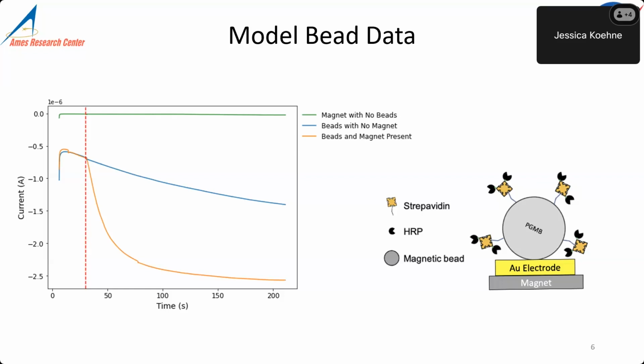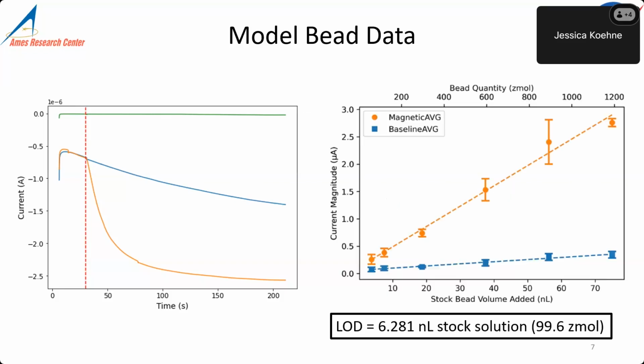Okay, so this is where we have the paramagnetic bead, and we employ the magnet at this timeline, which we've designated by the red dotted line. And so what you see is as the magnet is employed, it draws the paramagnetic bead down to the electrode surface, and we see this drastic increase in the magnitude of signal that we measure. So let's go to the next slide.